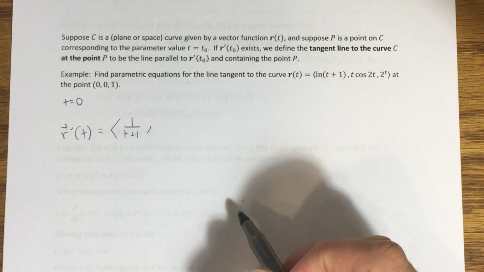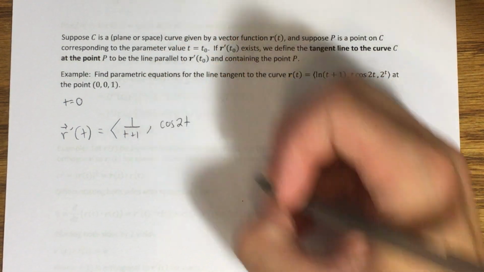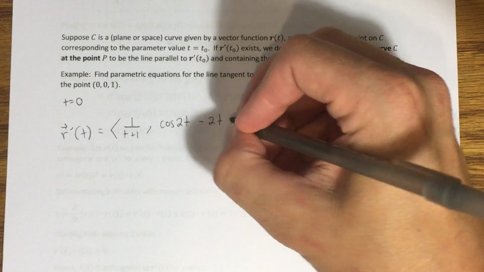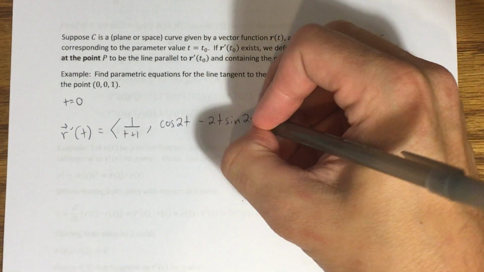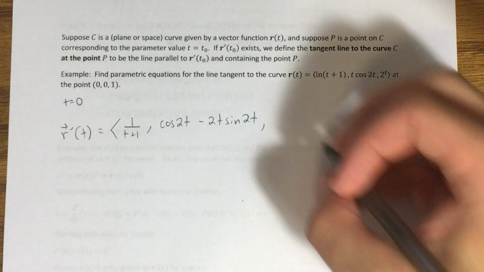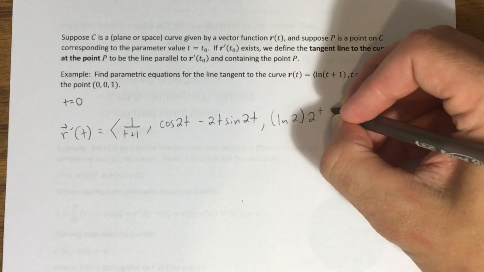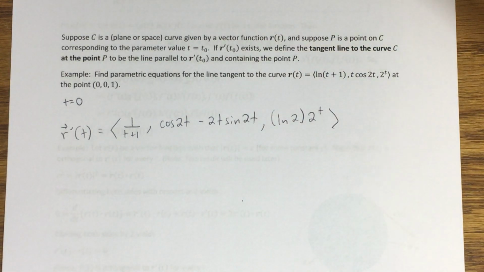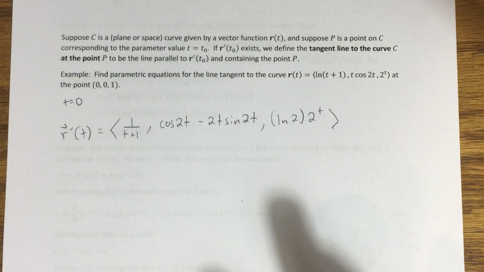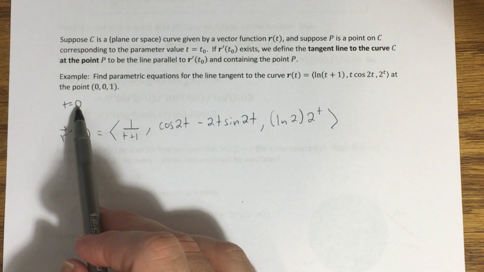I need my product rule for that one. I should get cosine of 2t minus 2t sine of 2t. And then finally, the derivative of this exponential function would be the natural log of 2 times 2 to the t.